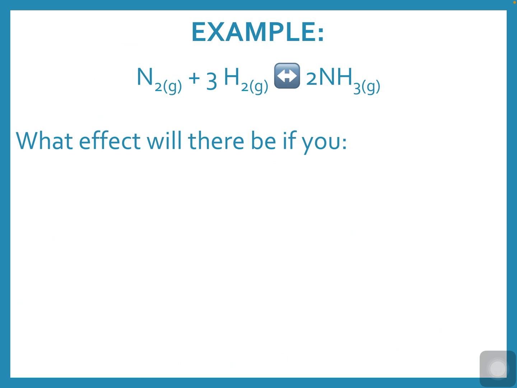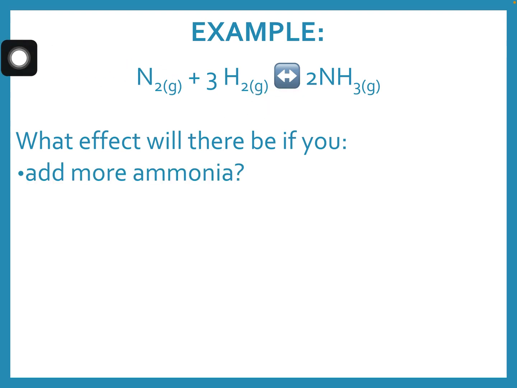So here we have the Haber process, nitrogen and hydrogen combining to make ammonia. So if we were to add in more ammonia, so whatever I add in, if I'm adding in this case reactant, so that's down here, that is going to increase that number on the bottom. And so I'm going to want to replace some product. So I want some of that new reactant to become product to get back to equilibrium.